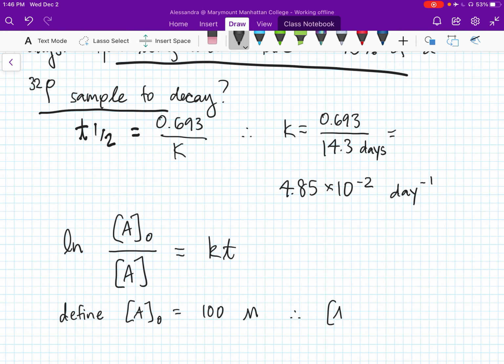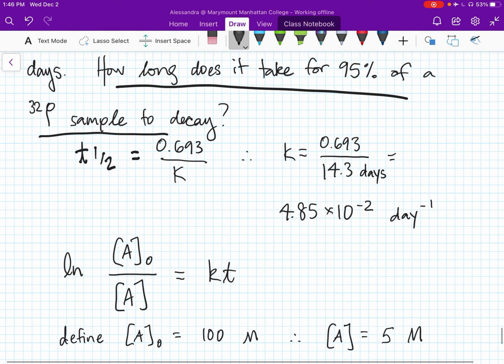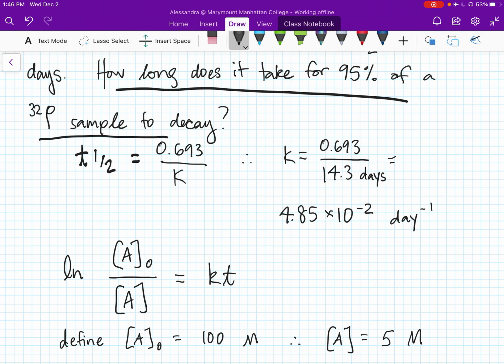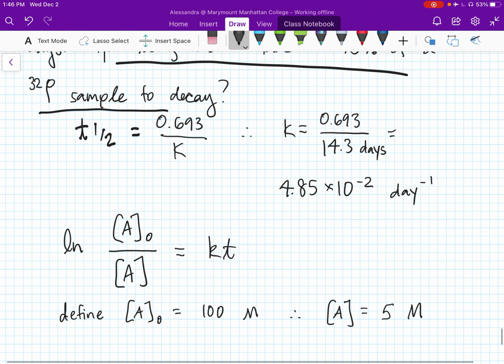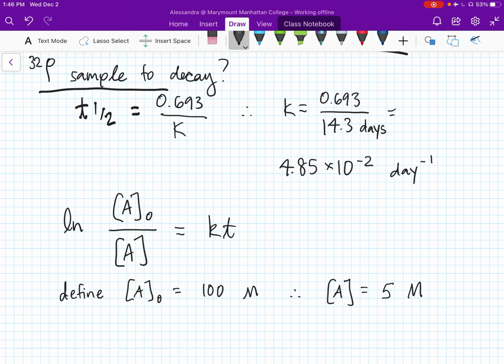Therefore, the concentration at time t after 95% of it has decayed should be 5 molar. And again, I just assigned it 100 arbitrarily because it makes the math easy. If 95% of it decays, then I drop from 100 molar to 5 molar. You could have picked any number and then just taken 5% of it to get to the concentration of A at time t. So now I have concentrations that I can plug into the integrated rate law.